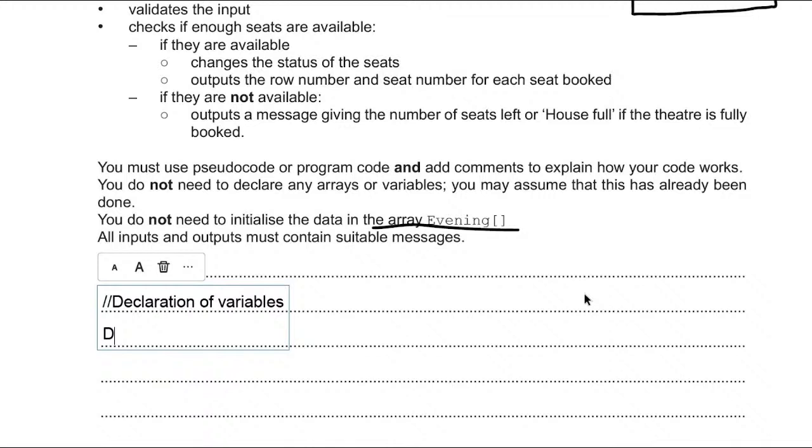So I can declare something like count, or let's just go with row and column as integer. Wait, hold on, we need one more integer. That would be something like total seats or booked seats.